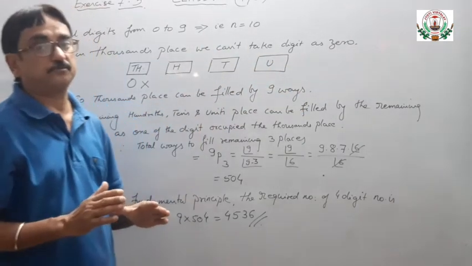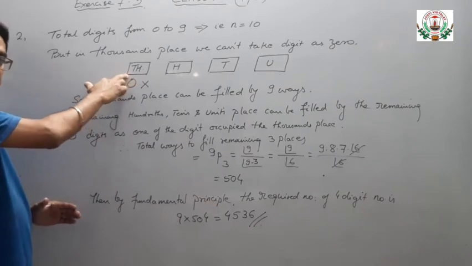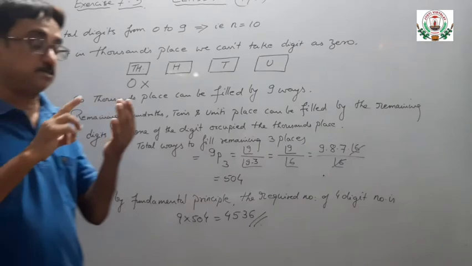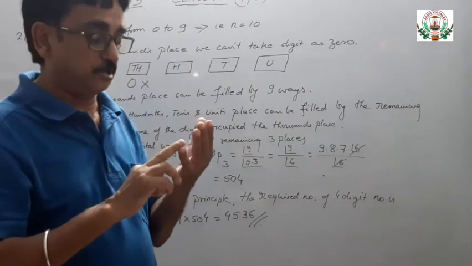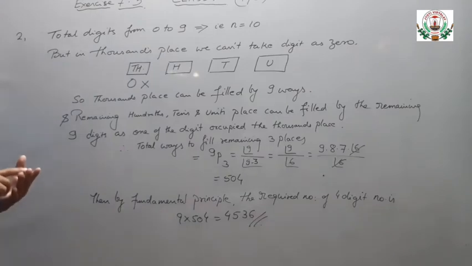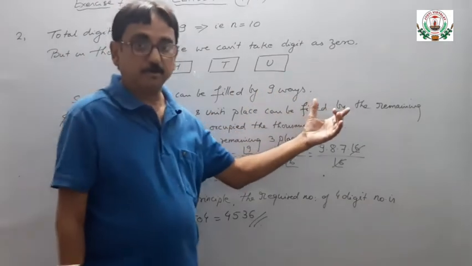So on filling the thousands place, the first work is we have to include only the 9 numbers 1, 2, 3, 4, 5, 6, 7, 8, 9. So to fill the thousands place, the number of ways will be 9.